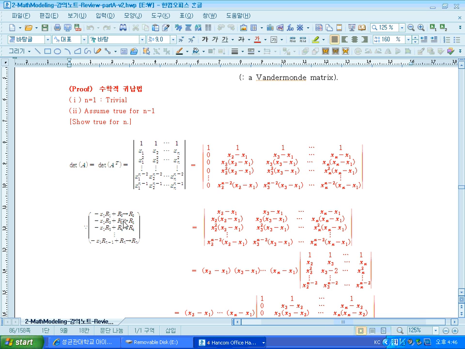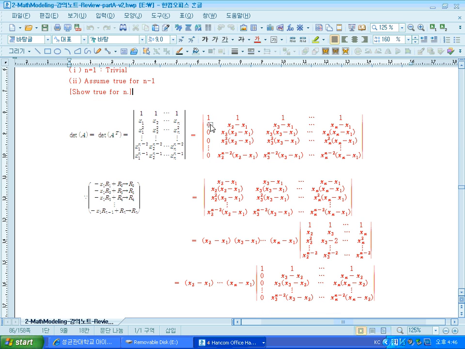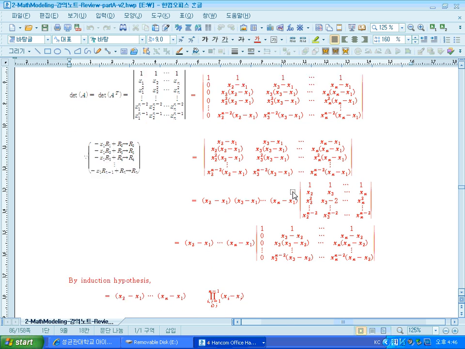Since this is a third type elementary row operation, it doesn't change the value of the determinant. Then we have all 0 terms on the first column except the first one. By using the cofactor expansion, the determinant of this matrix is the same as the determinant of this.